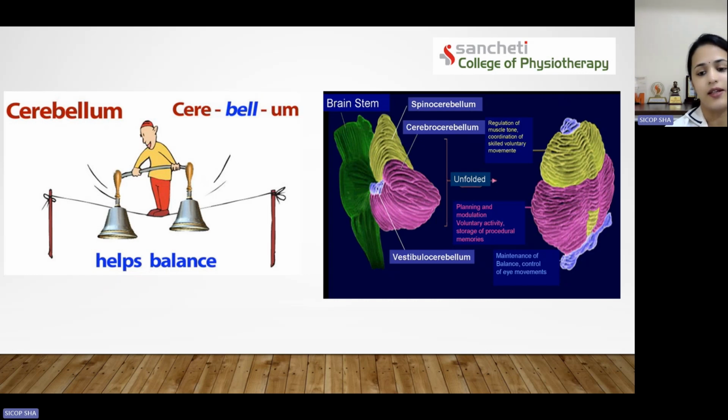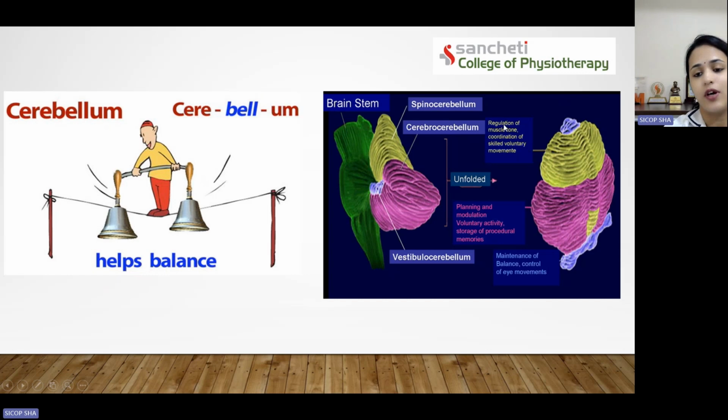Here on the right-hand side, we have the cerebellum divided according to the function. We can see it in different colors. We can see the green part as the brainstem. The yellow part is the spinocerebellum. The pink part is the cerebrocerebellum. And the purple part is the vestibulocerebellum.